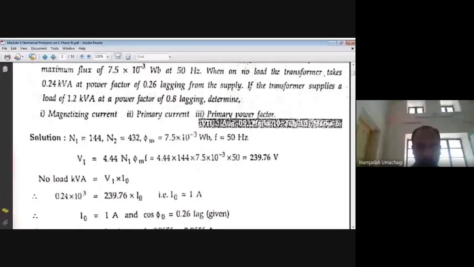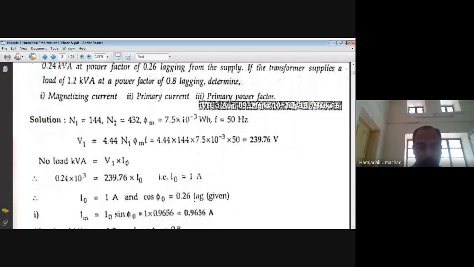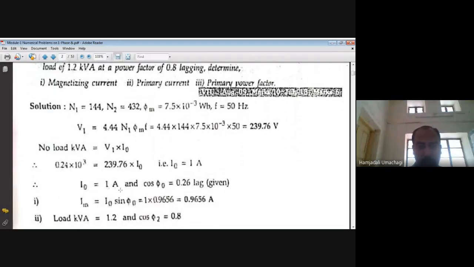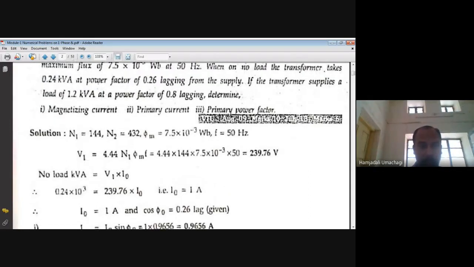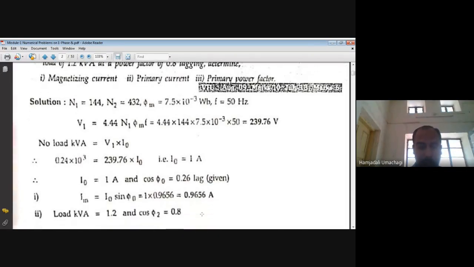If you calculate, I0 will be 1 ampere. Therefore, no load current I0 is 1 ampere. And the given power factor, cos phi naught, is 0.26 lagging, which is a given parameter.